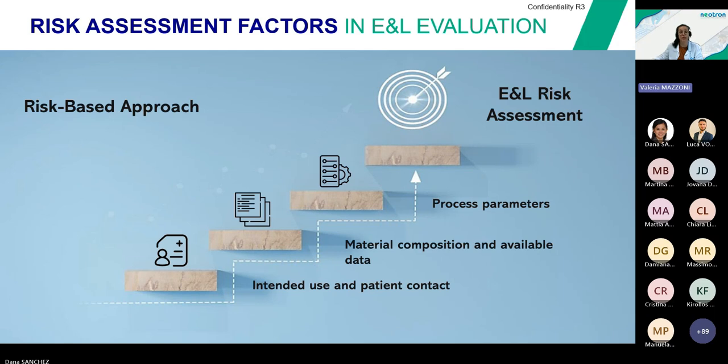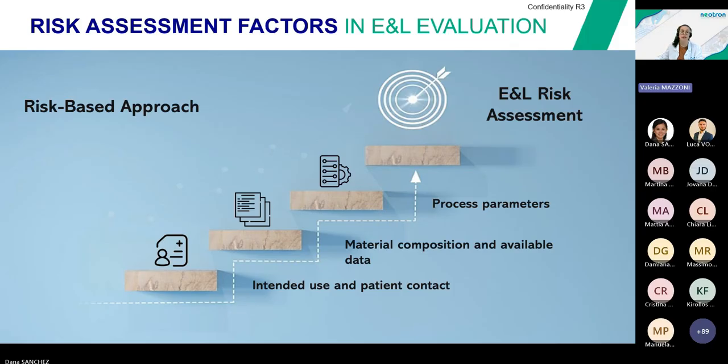Process parameters matter as well. Low temperature, short contact time, or non-aggressive solvent further decrease the risk of chemical migration. And all of these factors can be compiled into a risk-based justification document, clearly showing why the extractable risk is low and how existing evidence supports that conclusion.